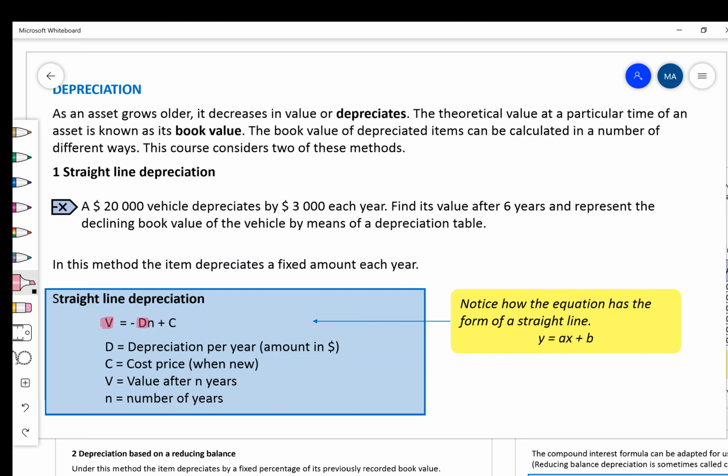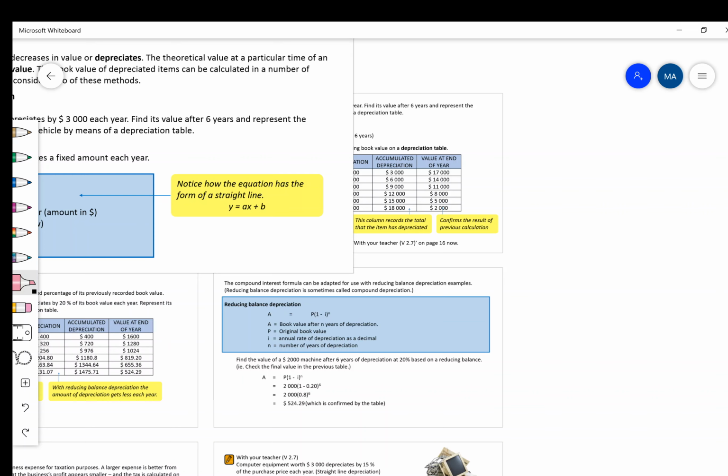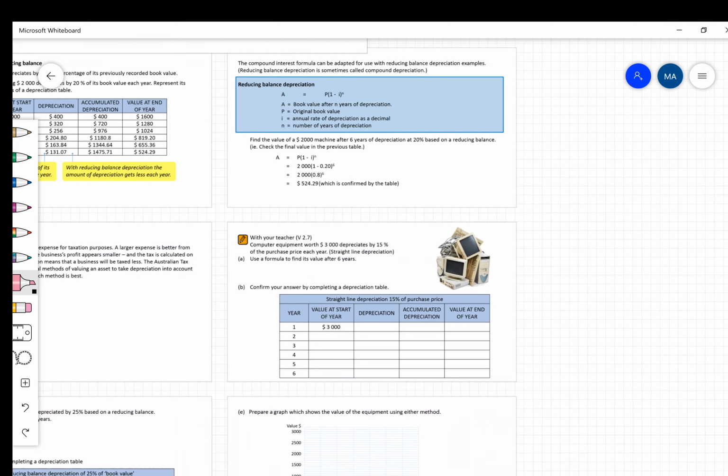You notice there's a negative built into this equation at the front. That's because the value of the equipment always goes down, so we have a negative gradient for our straight line equation.